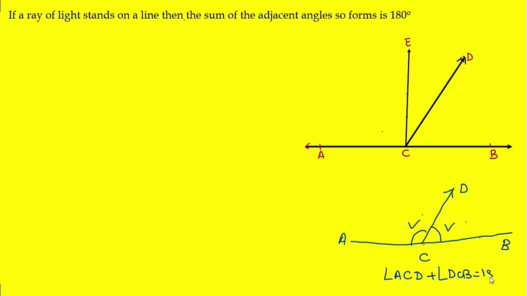give us 180 degrees. So first of all we will write: let AB be a line and CD a ray standing on AB.